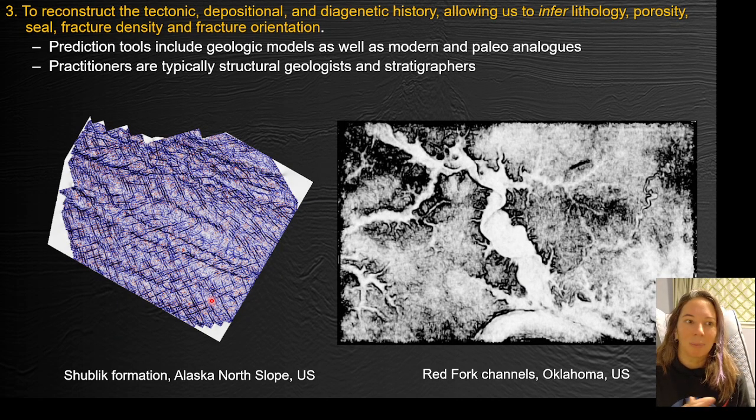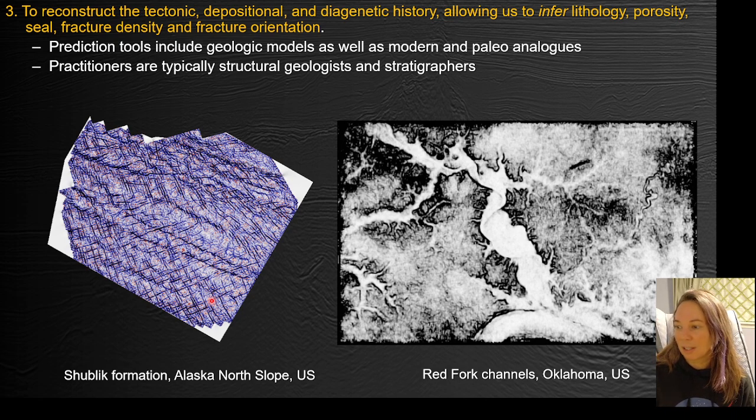Another way that we'll use seismic attributes is to represent or reconstruct the tectonic, depositional, and diagenetic history, which will allow us to better infer the lithology, infer the porosity, and understand perhaps the condition of the seal or fracture density.